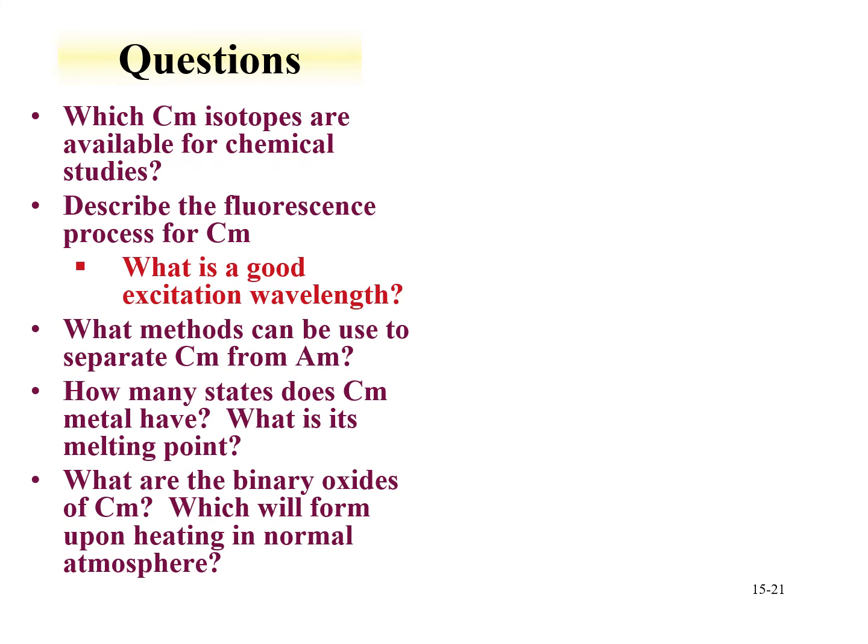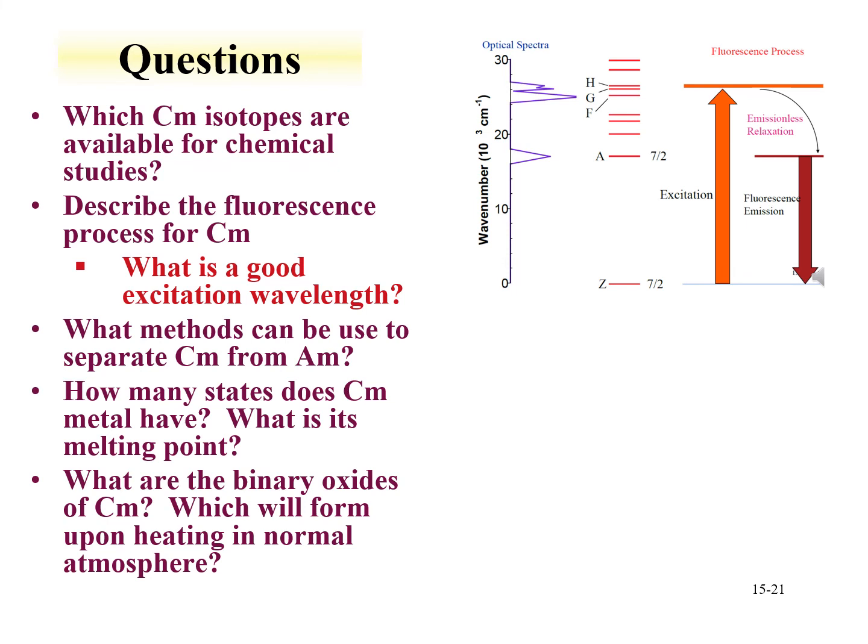Describe the fluorescence process for curium. Well, we use an optical route, so basically imagine a laser tuned to a wavelength where the absorbance occurs, where the electron is excited to a higher energy state. There's a radiation-less relaxation, and then a de-excitation with emission of a photon.